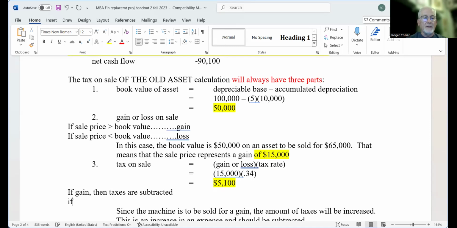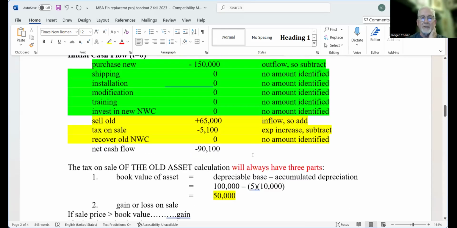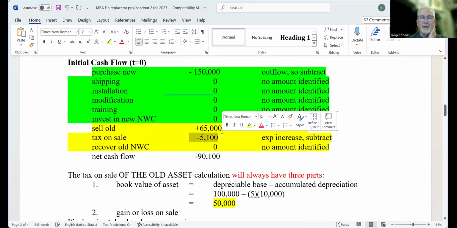If, on the other hand, they sell it for a loss, then taxes are added. If they sell it for a loss, that means they pay less taxes because of the loss. That's a decrease in their expense, so it gets added. Right? In this case, it was a gain, so we have to subtract the taxes. That 5,100 is subtracted.